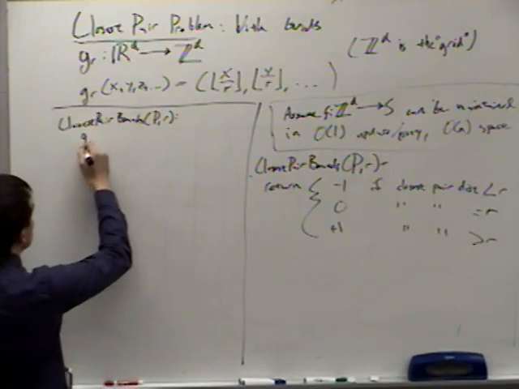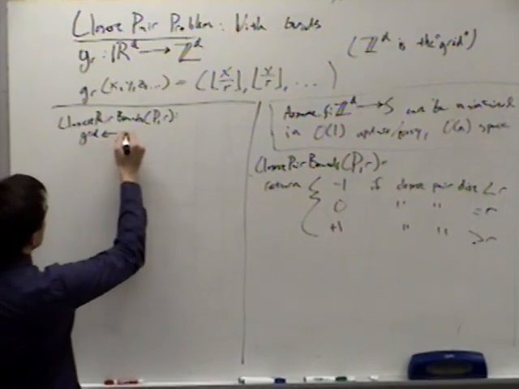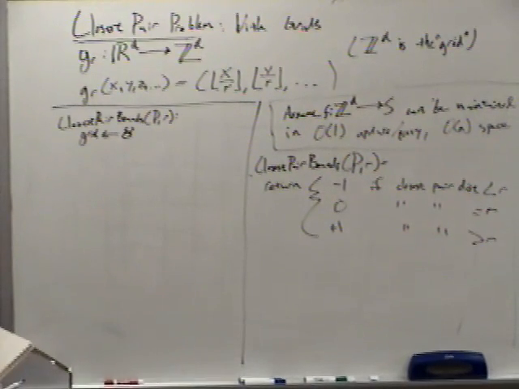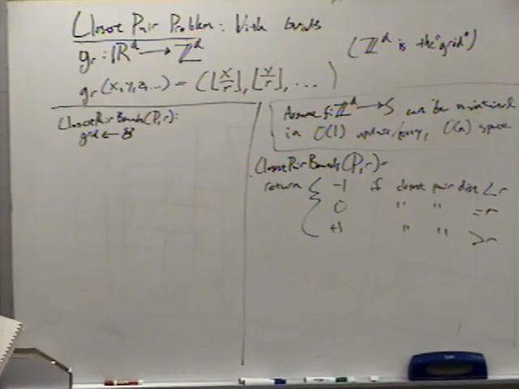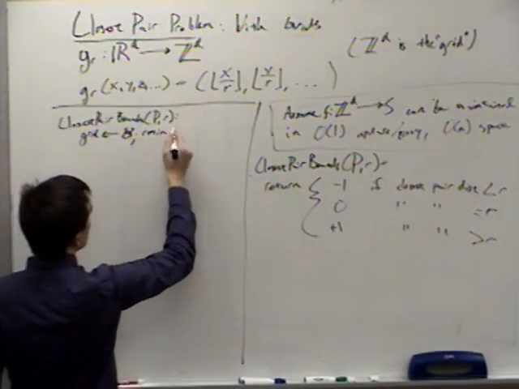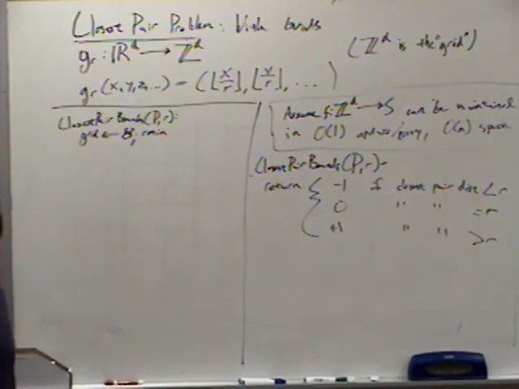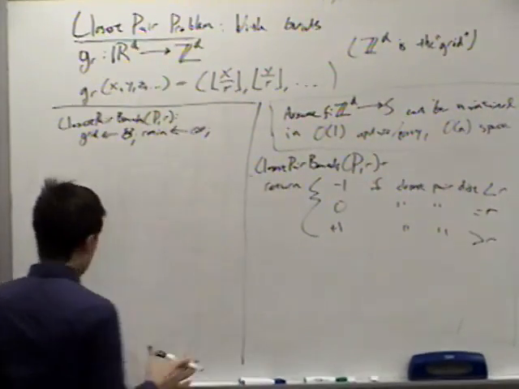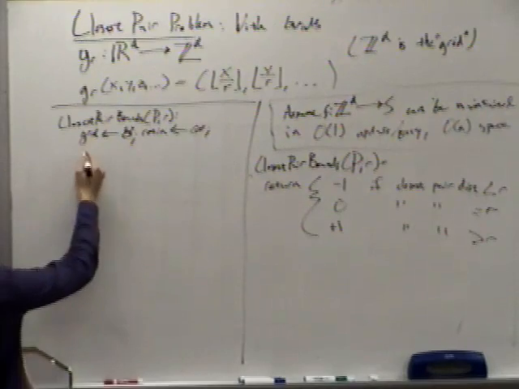So we'll set the grid to an empty hash set. So this is just an empty hash table. And we're going to set this parameter here, rmin, which is our current best guess at the minimum radius, to infinity.